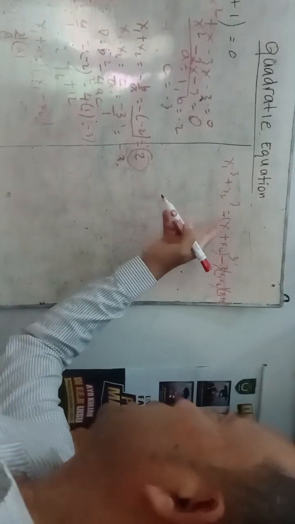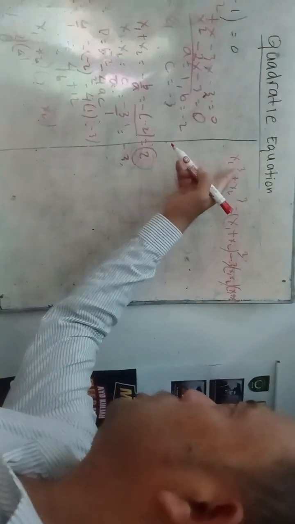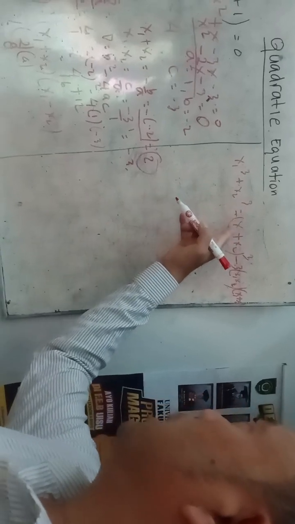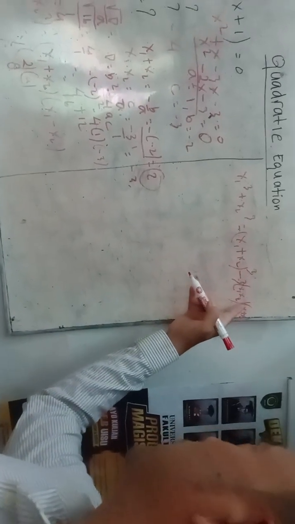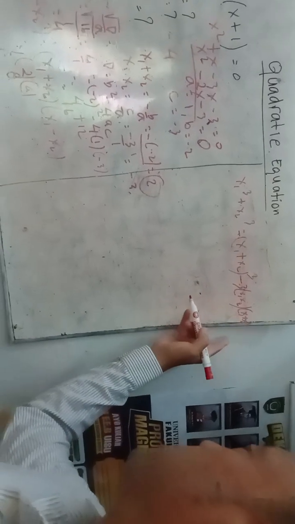Notice once again, x1 cube plus x2 cube equals (x1 plus x2) cube minus 3 x1 x2 times (x1 plus x2).